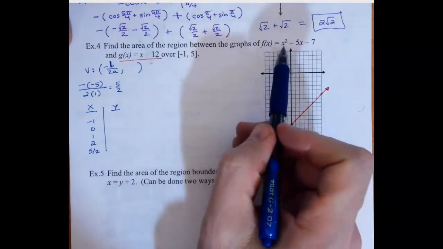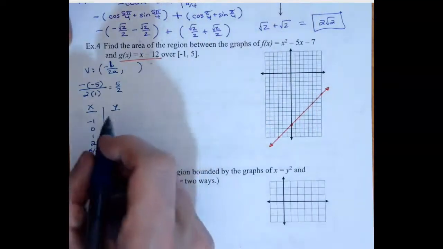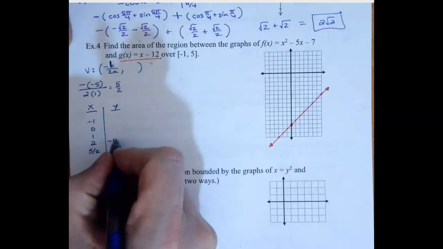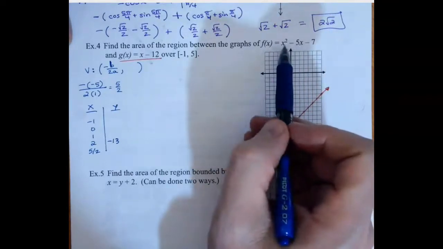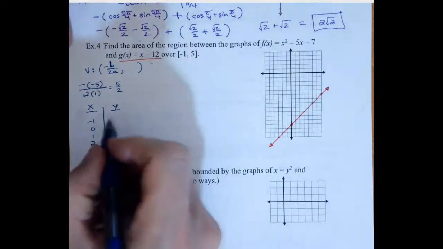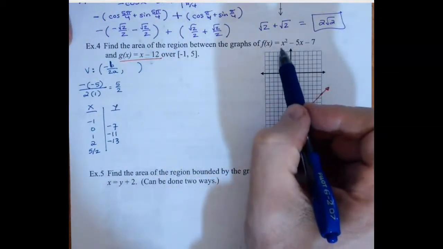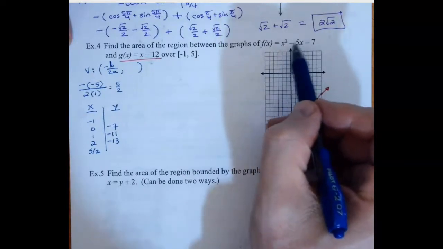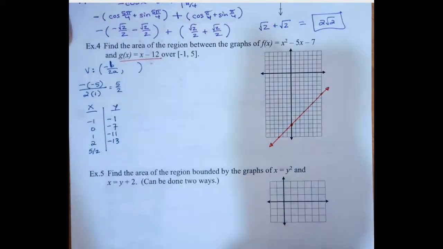So if we plug 2 in here, 2 squared is 4. And 4 minus 10 is negative 6, and negative 6 minus 7 is negative 13. If we plug a 1 in there, we're going to get negative 12 plus 1, that's negative 11. If we plug 0 in there, we're going to get negative 7. If we plug negative 1 in there, we're going to get 1 plus 5, which is 6 minus 7, which is negative 1.